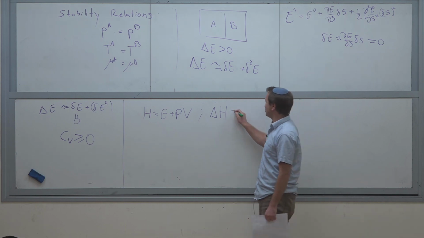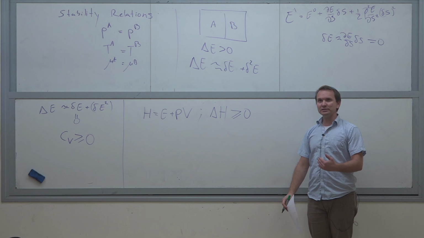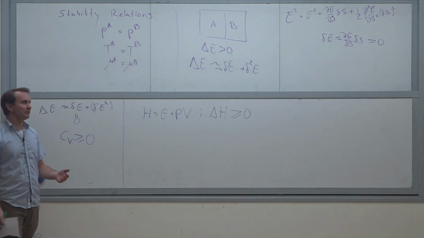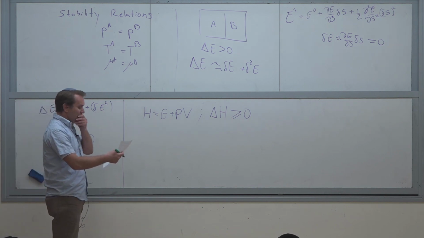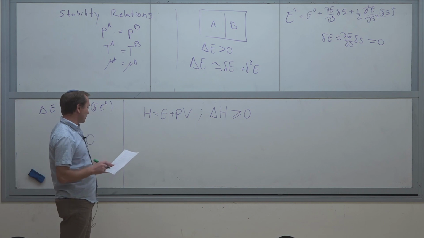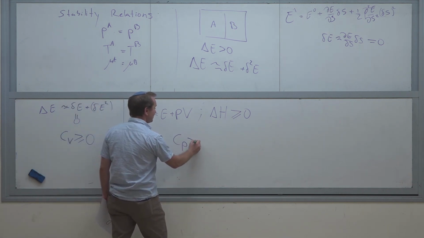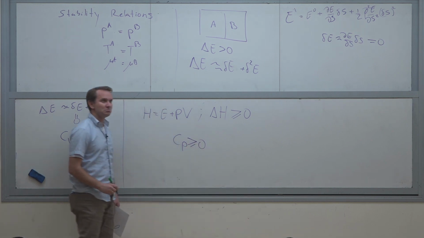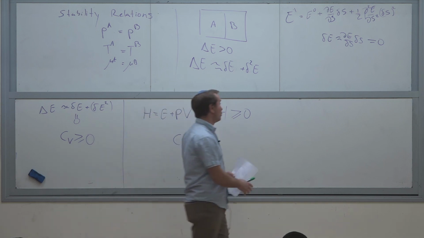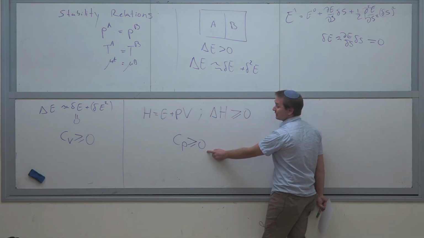So delta H is also greater than 0. When we now use the first order derivative and the second order derivative of enthalpy with respect to pressure, we will obtain that Cp is greater than 0. We can repeat all the derivation that we performed on Sunday, but for enthalpy, and this is an additional stability relation that we will get.